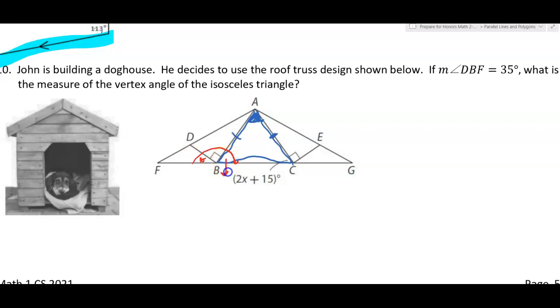So this angle now would be 180 minus 90 minus 35. It's going to give you 55 degrees. If that's 55 degrees, I know this is 55 degrees, which is going to make that vertex angle 180 minus 55 minus 55, which is 70 degrees.